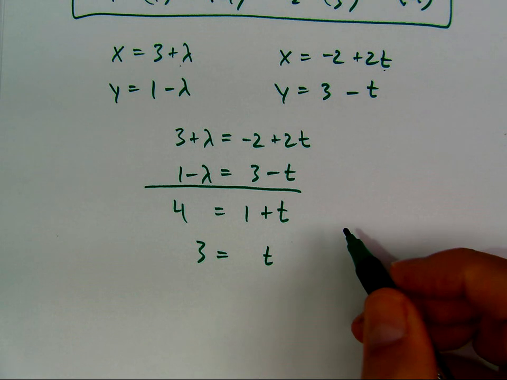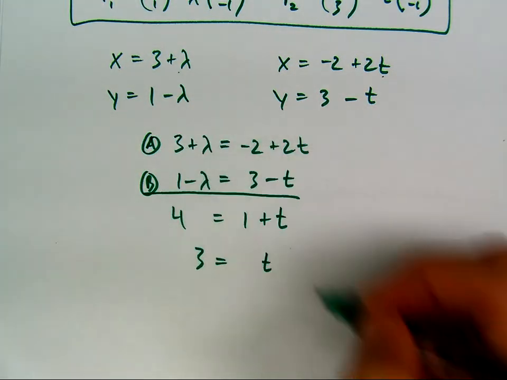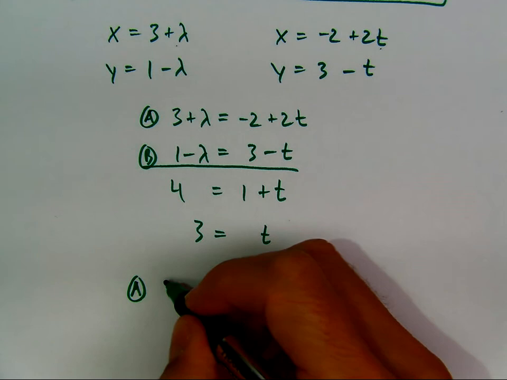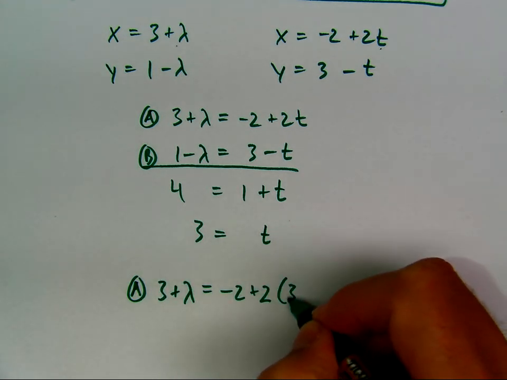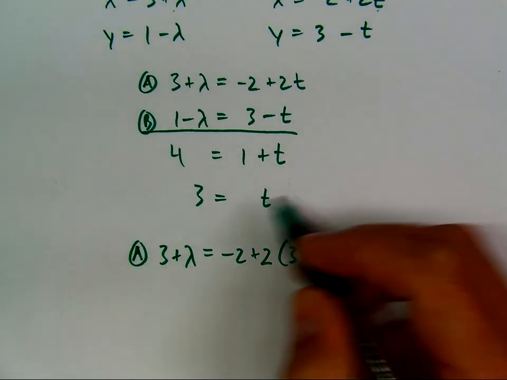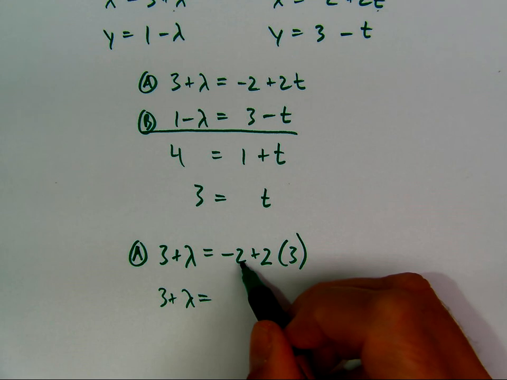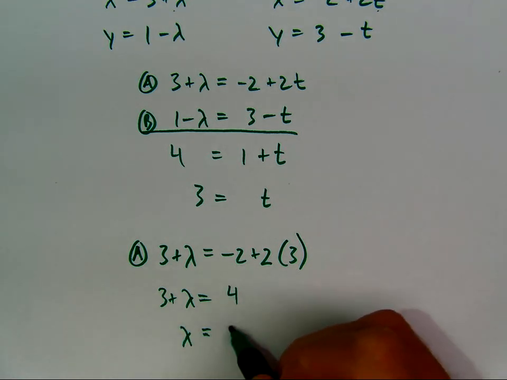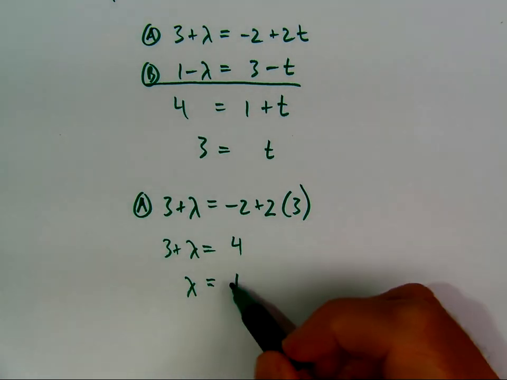Let's call this equation A and equation B. And then let's go back to equation A to solve for lambda. 3 plus lambda equals, I'm substituting 3 in for t, and we have 3 plus lambda equals -2 plus 6. So lambda is 1.